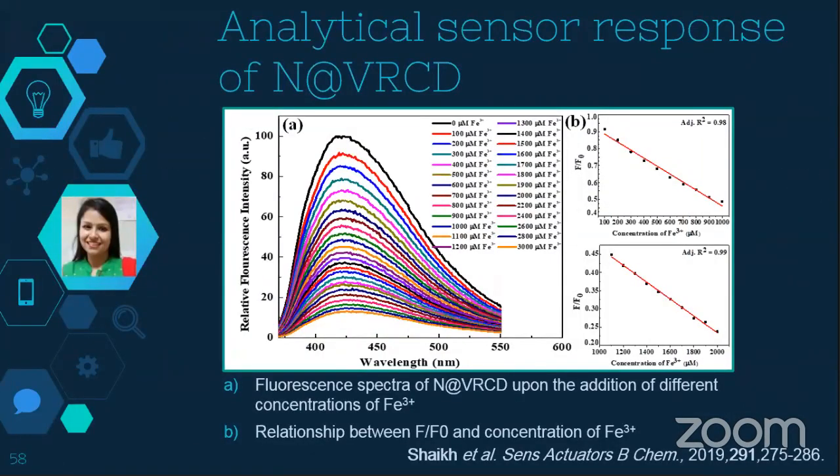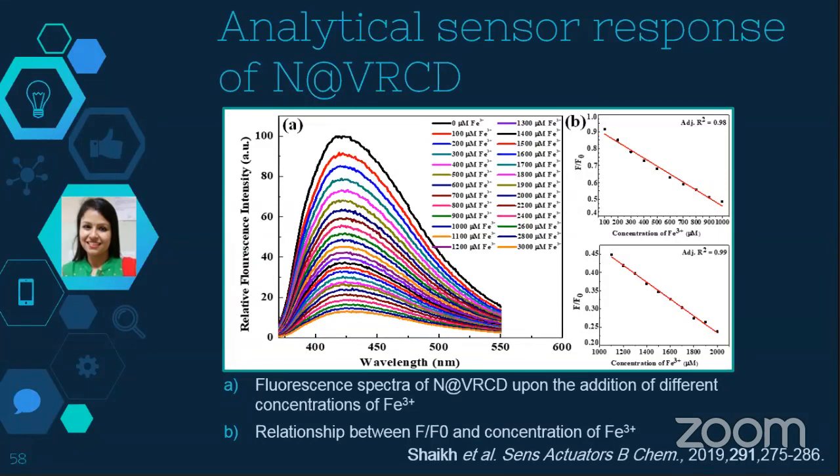Then we have this Vigna radiata. We have used this sprout as a carbon material source, and here we could sense Fe3+ ion very easily. With increase in concentration of Fe3+ ion, you can see a linear plot was observed. So the sensing of iron is done very accurately.